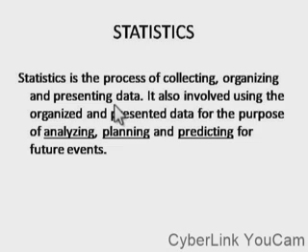When you are asked to go to the kitchen to name the ones that are washed and the ones that are not washed, the first thing you have to do is to collect your information by gathering the plates, organizing them, putting the ones that are washed on one side and the ones that are not washed on another side. Then you present the data to your mother by telling her that 5 are washed, 2 are not washed. That is just the concept of statistics.